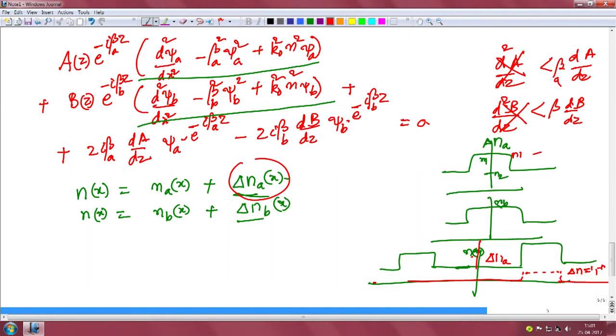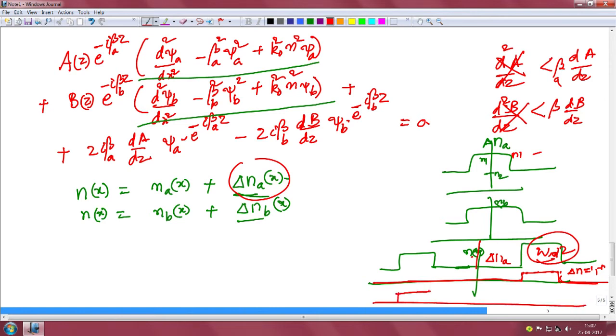So, the refractive index profile of delta n a will look like this. All over the place it is equal to 0, and only in the area of n b, this is the area of the second waveguide, in the place of the second waveguide alone there is a delta n value. Similarly, for n b we can say that it will look like this.